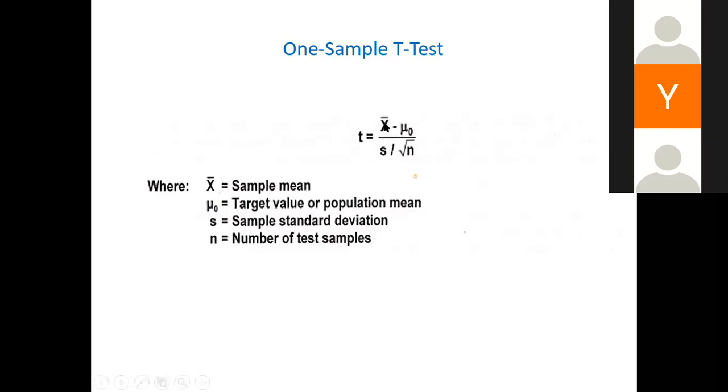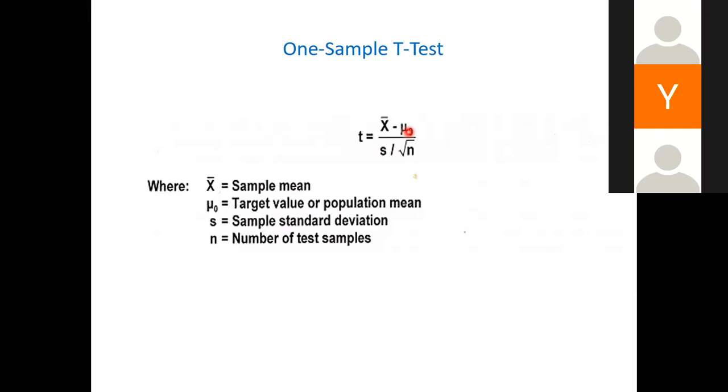So if you look at this, X bar is your own average for your sample, and mu 0, mu is the notation used to denote the mean in the population. X bar is the mean in the sample.